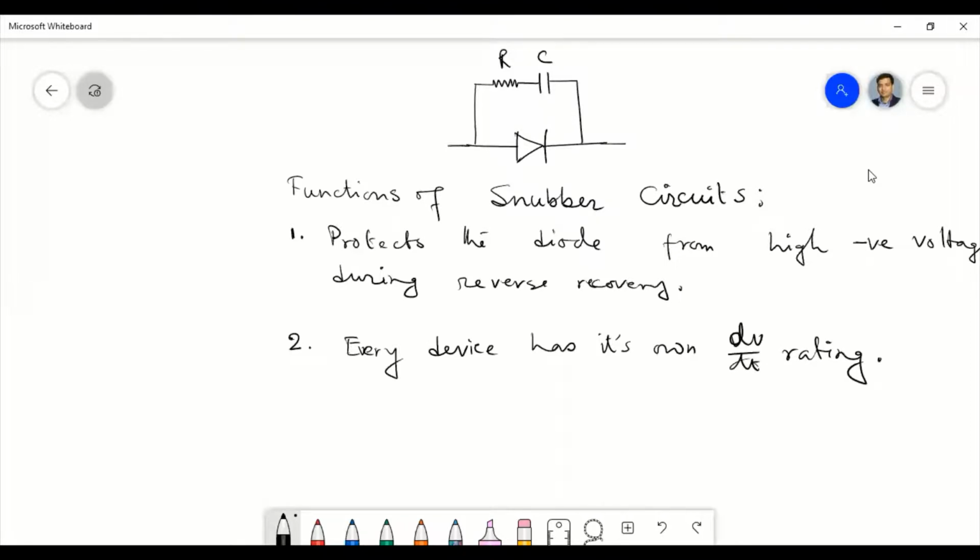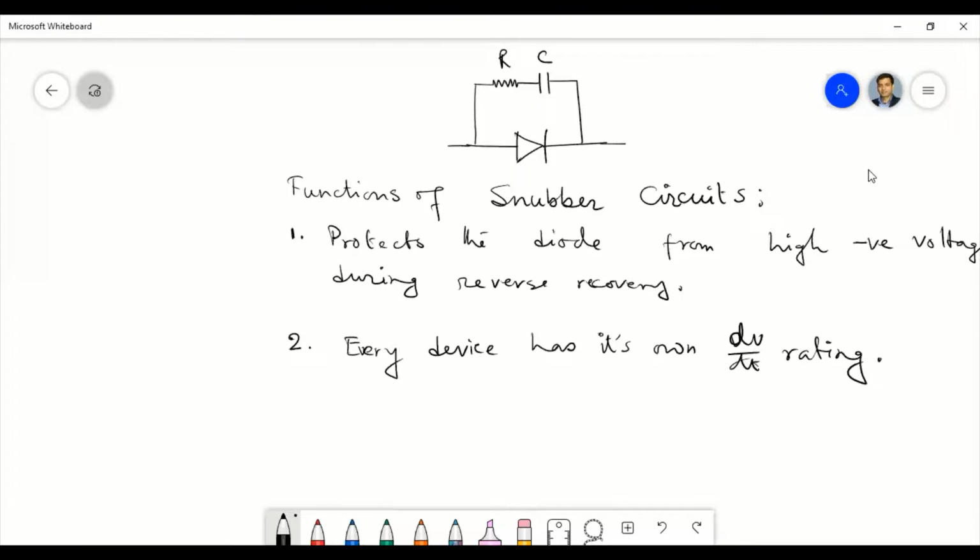The dVdt up to which it can withstand is clearly mentioned in the data sheet of any device. And if the dVdt is more than this value, then there will be some damage to this device, because the insulation present in this device cannot withstand that.